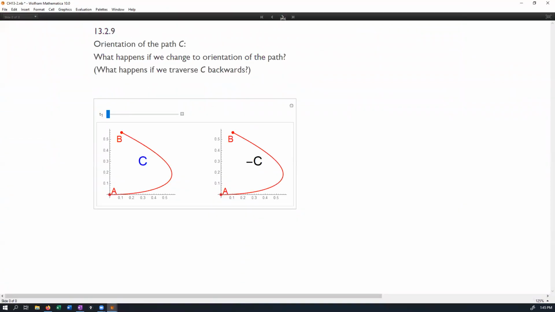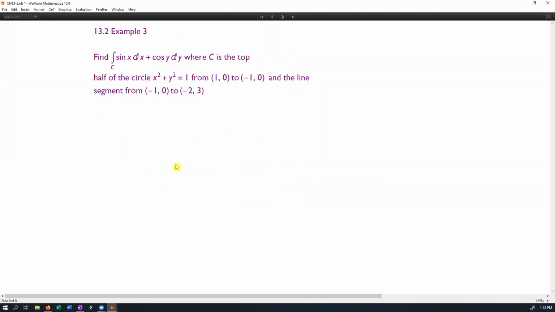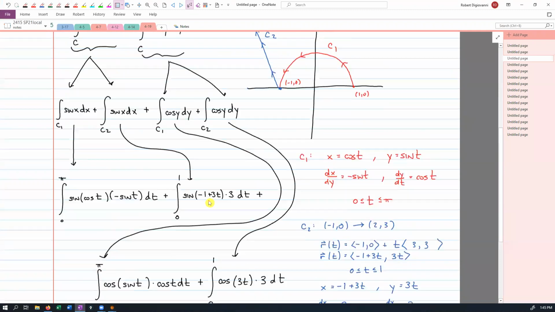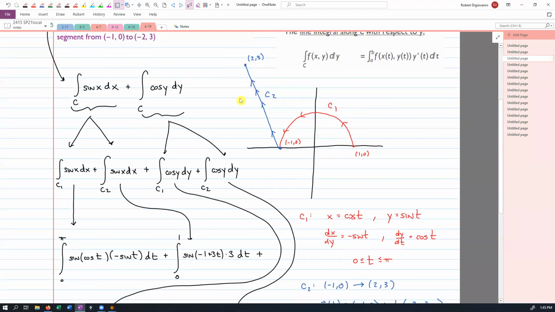I have a question now. Yes, go ahead. The way that you split up C1 and C2, would we be able to just find the integral of just C1 and then add that plus C2, or do we always have to split them up the way you did? Do you know what I mean?